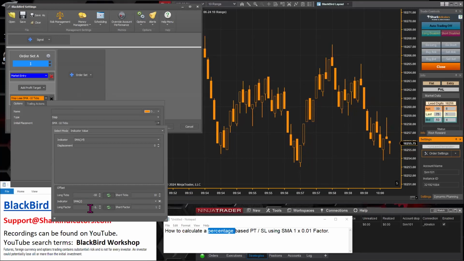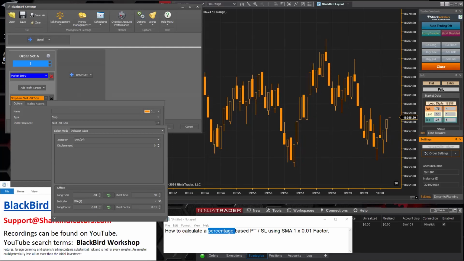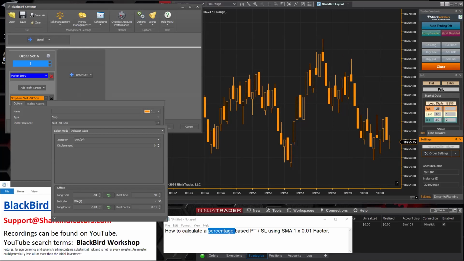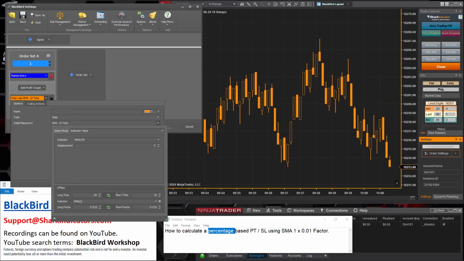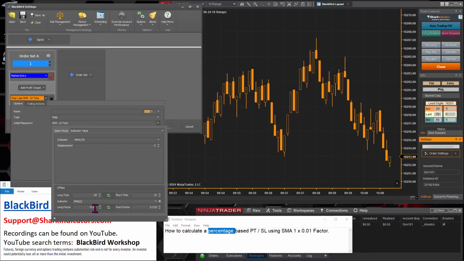If we say negative 0.01, that is 1% mathematically, as a multiplier. Remember, factoring is just a fancy mathematical word for multiplying. Okay, I thought the factor was rounded off to the nearest hundredth, but no, it's not.